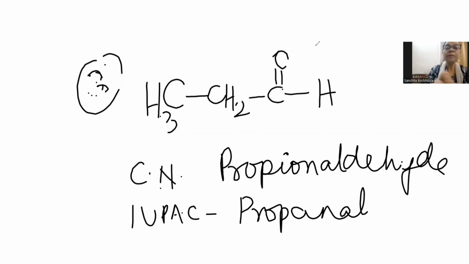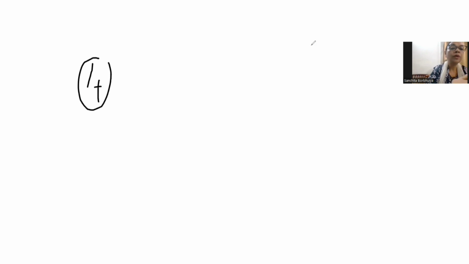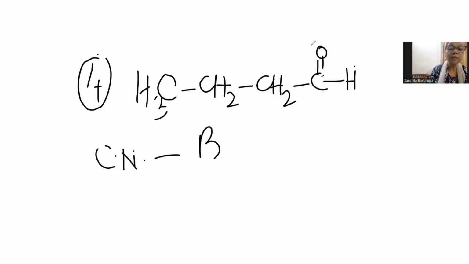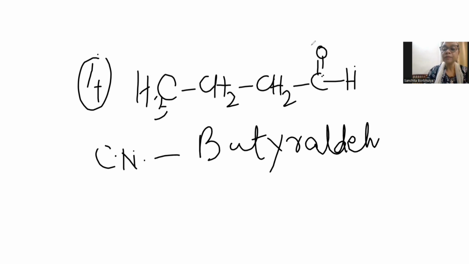So going to the 4th member, which contains 4 carbons. The common name is butyraldehyde. Note the spelling, BUTYRaldehyde. In the common names, notice that every time you have aldehyde as the ending of the common name.